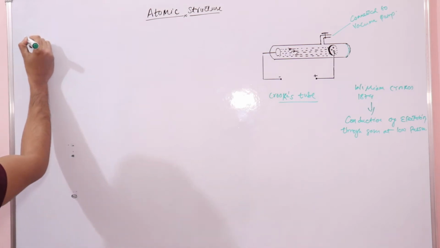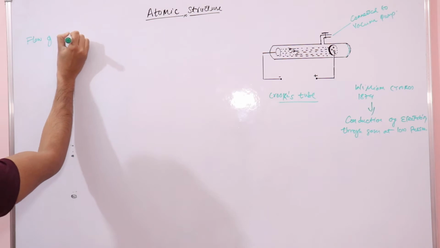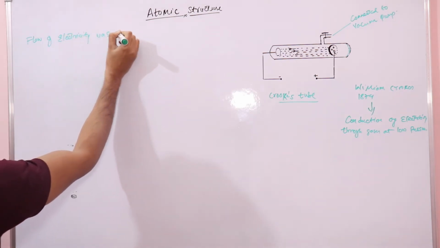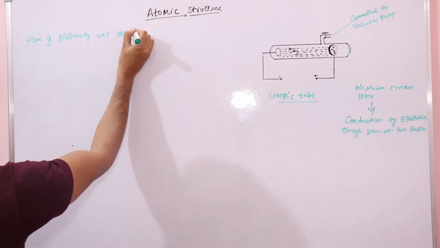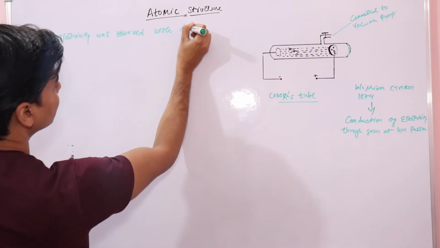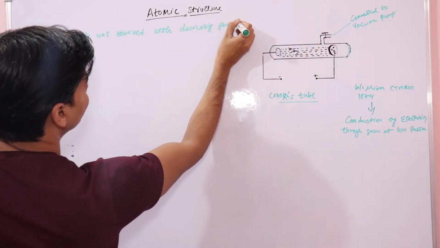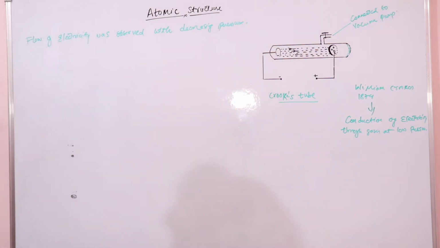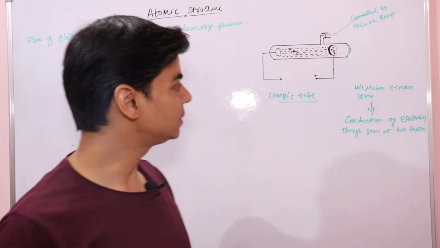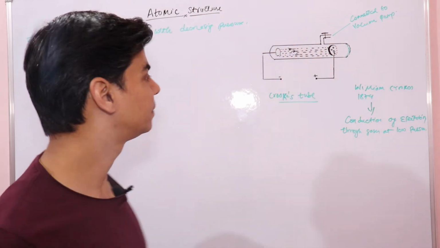So here, the flow of electricity was observed with decreasing pressure. Now let's see the observation of flow of electricity at various values of pressure.